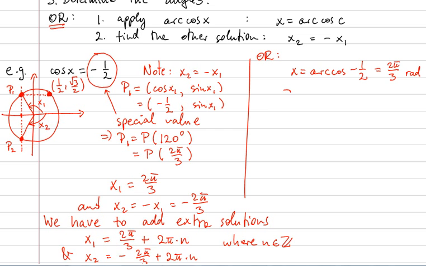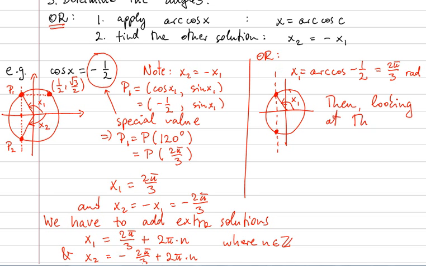And then we would look at the unit circle, and we would see that just as before, there are 2 solutions to this problem, one of which we have found in the calculator. That's the x, which is x1. Then, looking at the unit circle, we find the other solution.